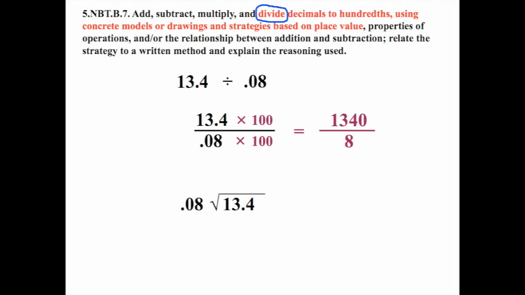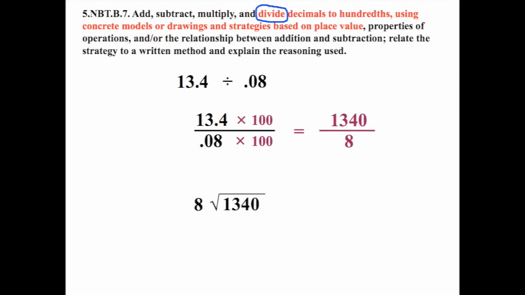So what we've done then is we multiplied both of these by 100, and that adds understanding to why it is that I moved my decimal place 2 places. Now again it's a little bit more obvious because if you connect it to what happened over here, we multiply both by 100, which connects it back as to why we're moving the decimal place 2 places here and 2 places here, because we converted this to an equivalent problem, 1,340 divided by 8.